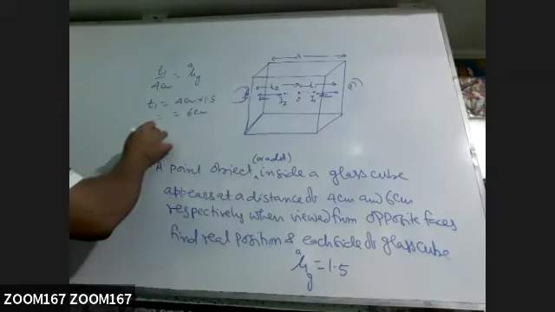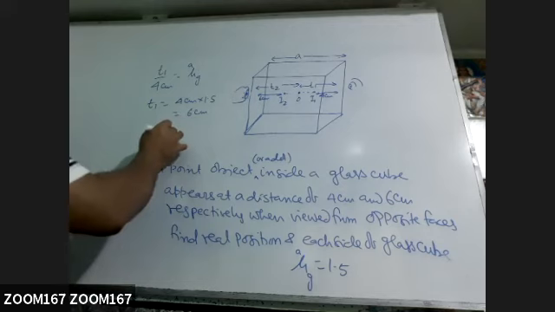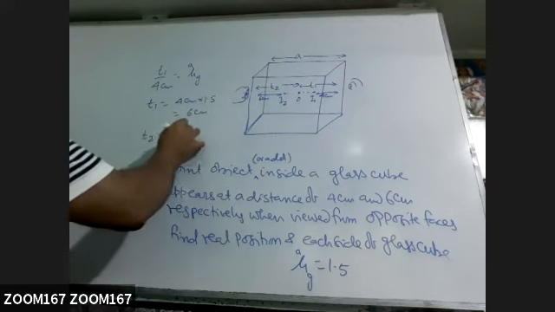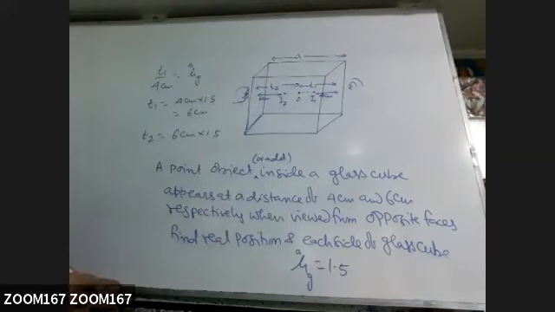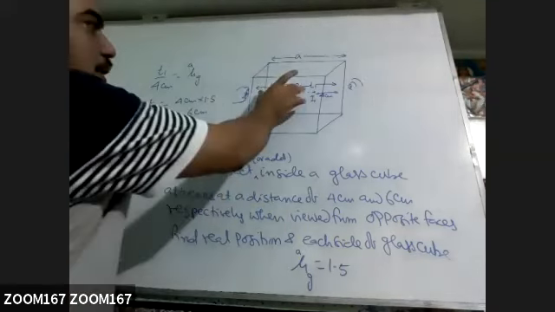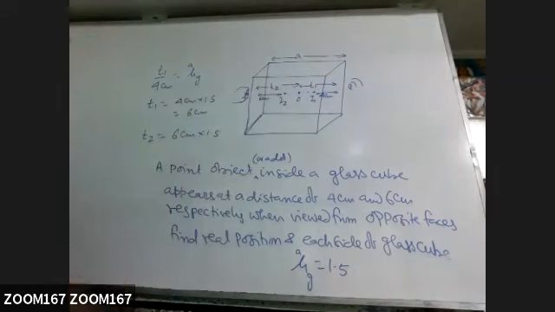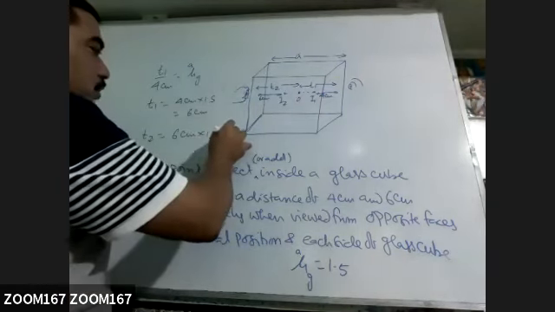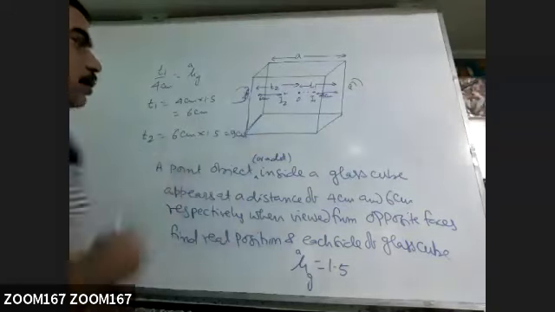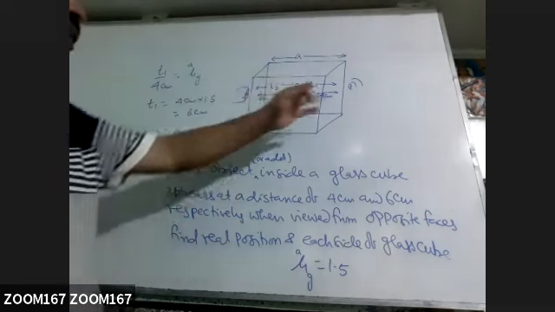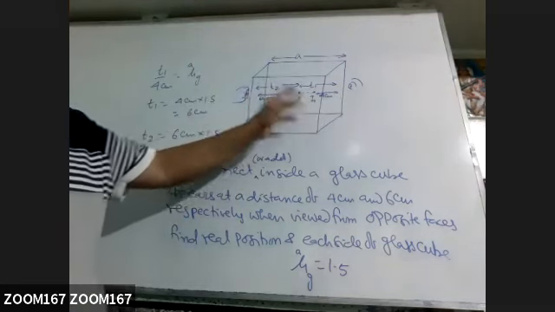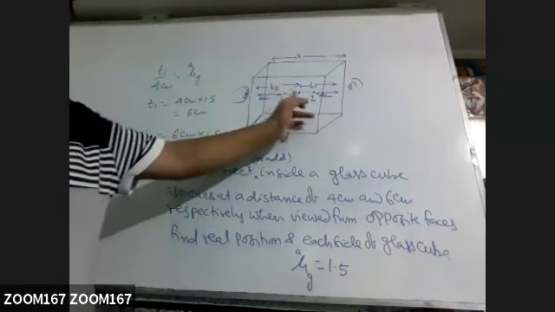And T2 will be 6 centimeter into 1.5, the same way. Refractive index is real depth by apparent depth. So this is real depth, this is apparent depth. So apparent depth from both sides you are given. So T2 is 9 centimeter. That means the object or the dot is present 6 centimeter from this face or 9 centimeter from this face.